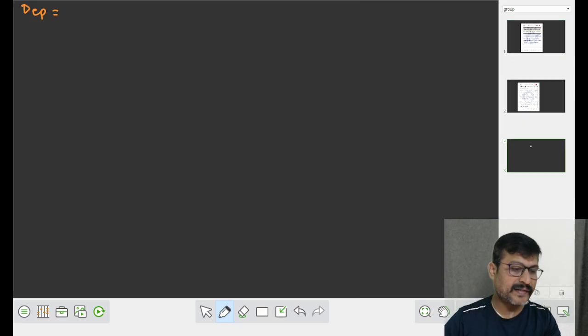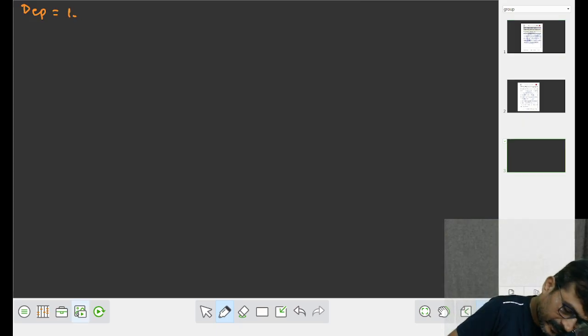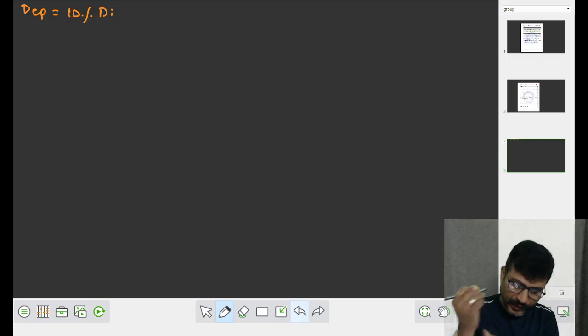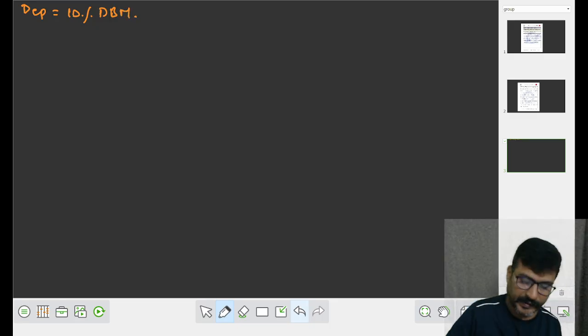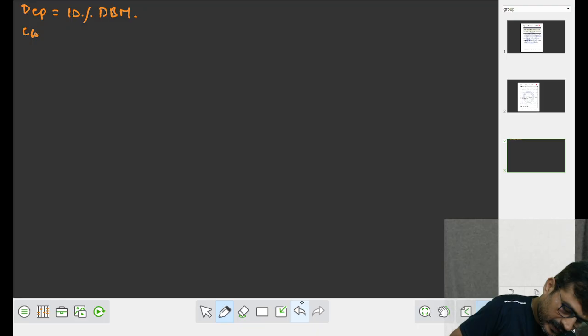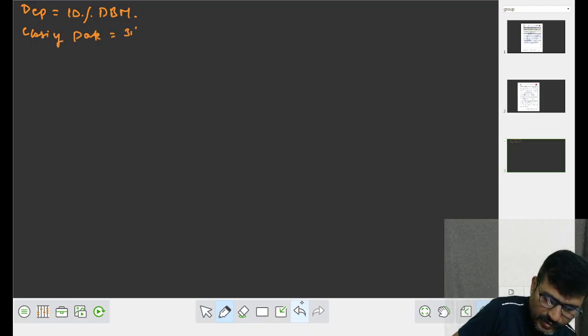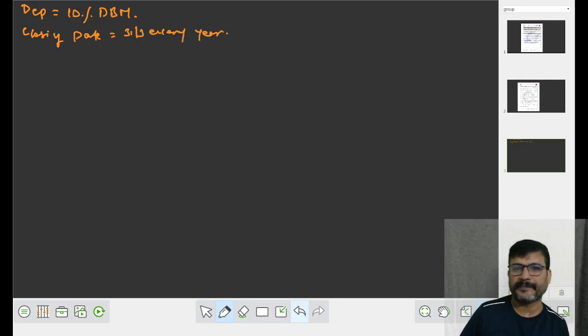It is 10%. Under what method? Diminishing balance method. Closing date. When the accounts are closed? 31st March every year. Fine.